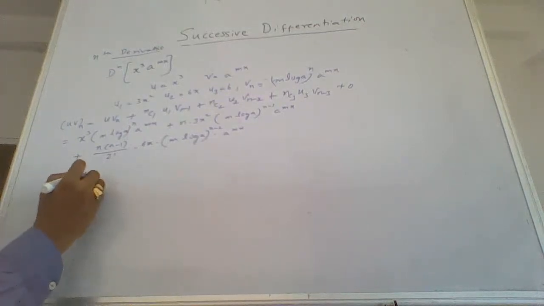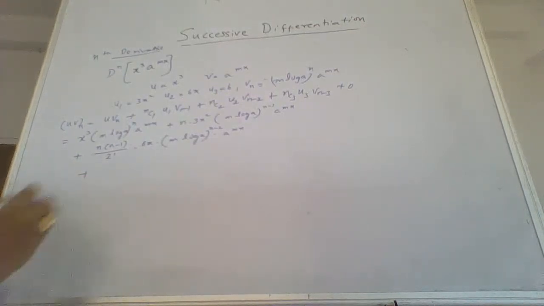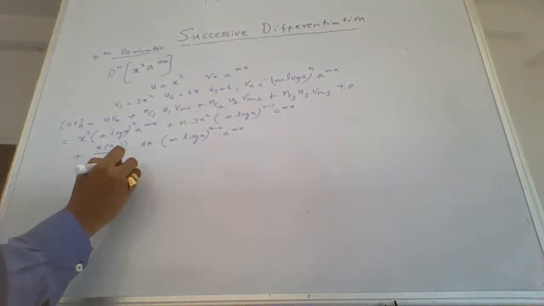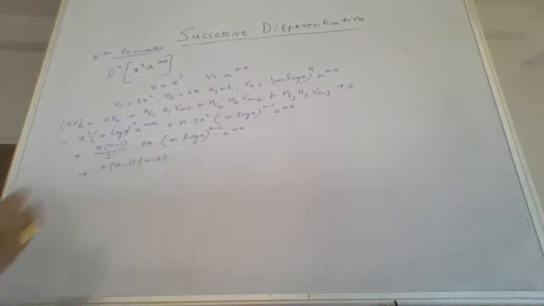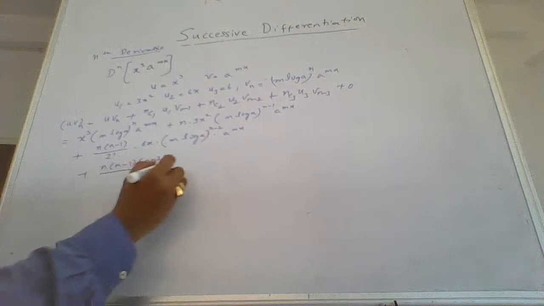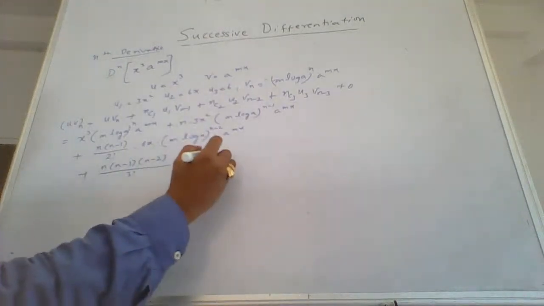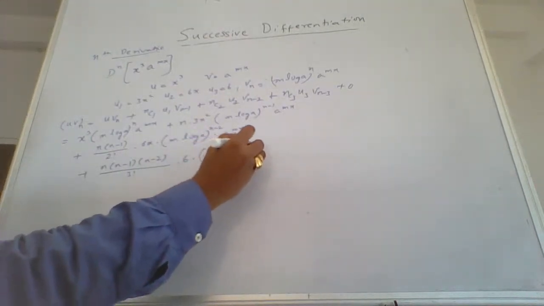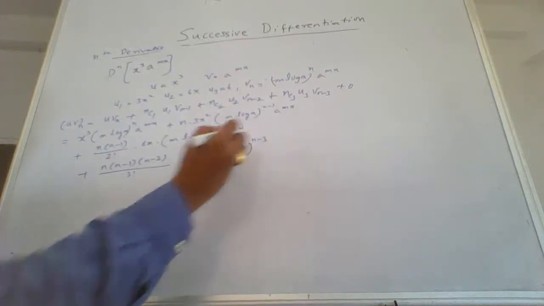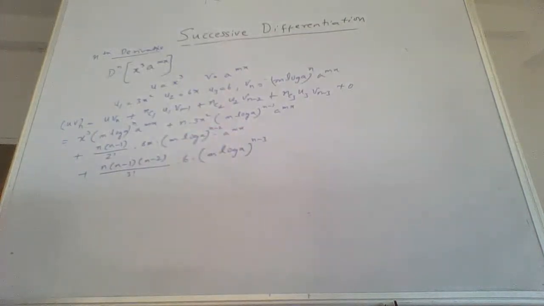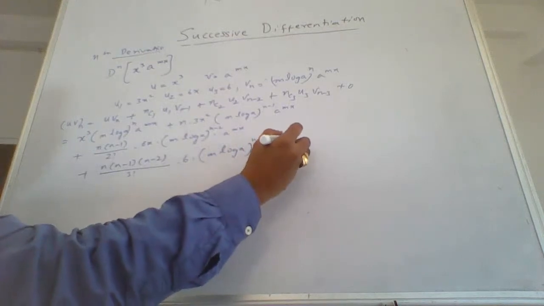And plus we'll have n into n minus 1, n minus 2 divided by 3 factorial, into 6, m log a to the power of n minus 3, a power mx.